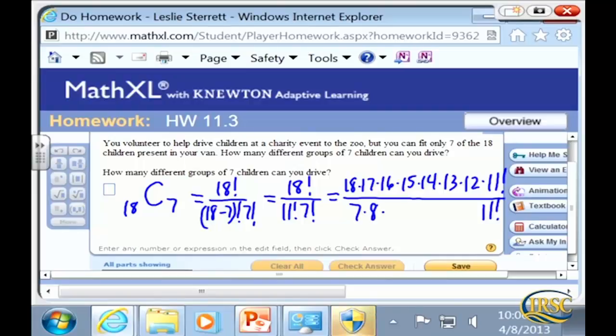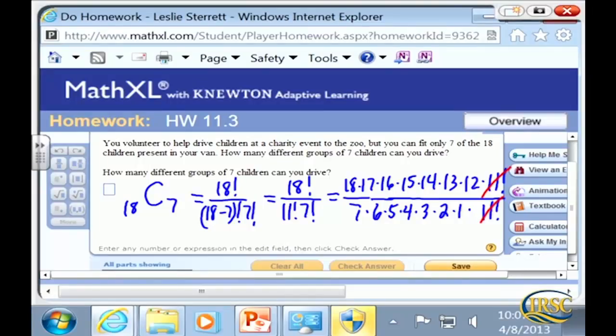But we still need to expand out the 7. So 7, 8, well, I'm going in the wrong direction, sorry. Counting down, 7, 6, 5, 4, 3, 2, 1. All right, I know my 11 factorials are going to cancel. What else?